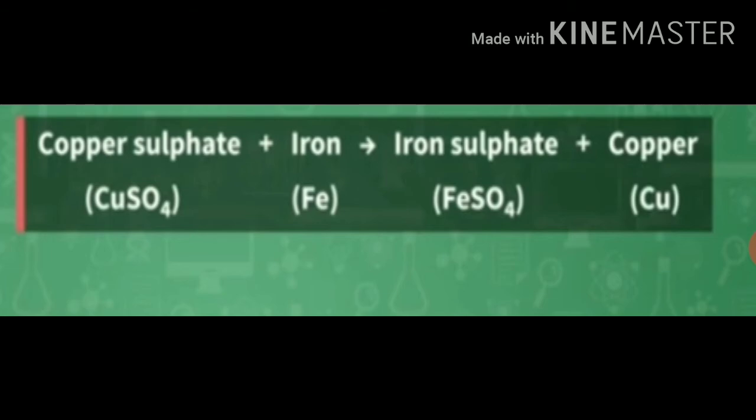So, in this displacement reaction, iron metal displaces copper from copper sulfate solution. This displacement reaction takes place because iron is more reactive than copper. The displacement reaction between iron metal and copper sulfate solution is now clear to you.